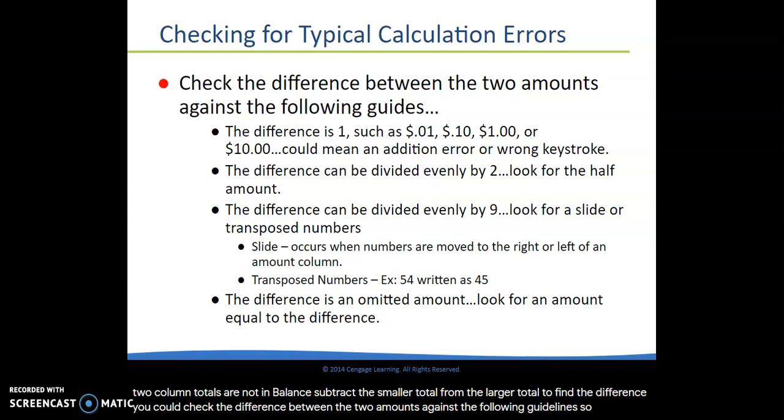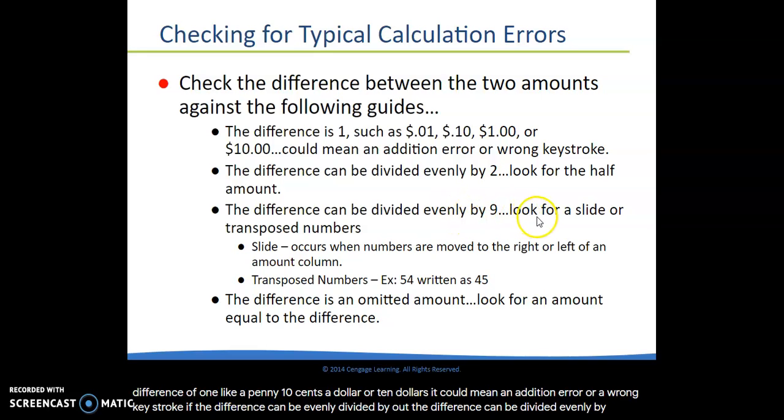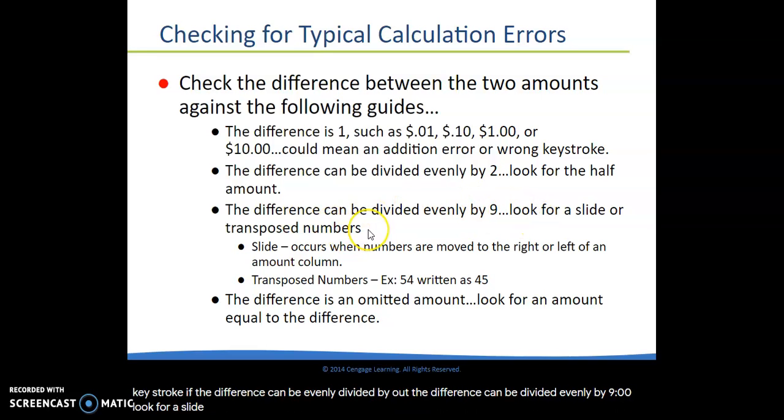So if there's a difference of 1, like a penny, 10 cents, $1, or $10, it could mean an addition error or a wrong keystroke. If the difference can be evenly divided by 2, look for the half of that amount. If the difference can be divided evenly by 9, look for a slide or transposed numbers.